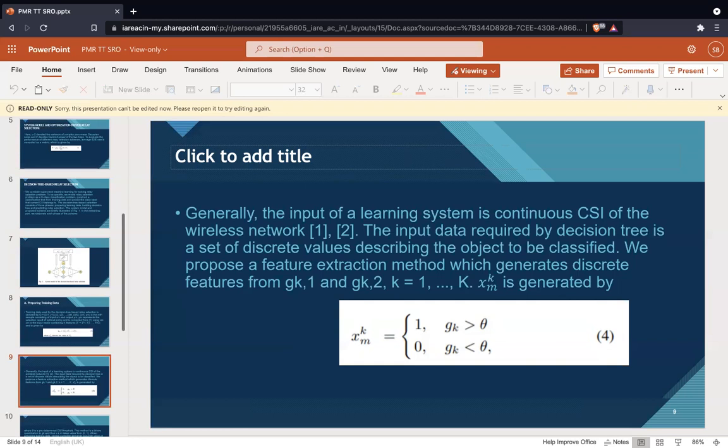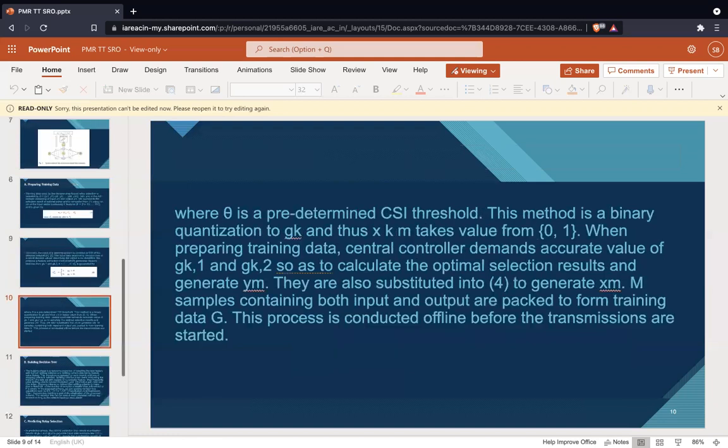We propose a feature extracting method which generates discrete features from gk1 and gk2, k equal to 1, and so on up to K. x power k base m is generated as 1 if gk is greater than theta, and 0 if gk is less than theta, where theta is a predetermined CSI threshold. This method is a binary quantization of gk, and thus x k m takes values of 0 or 1.